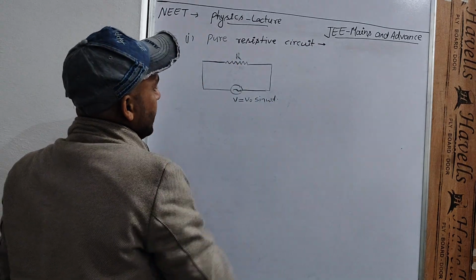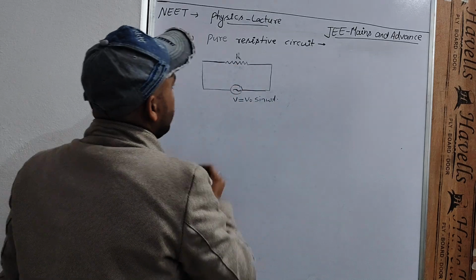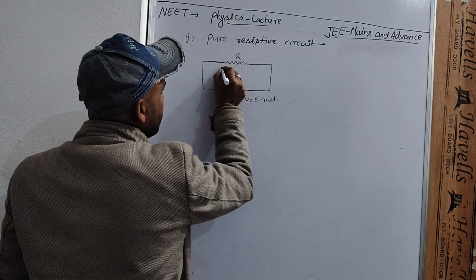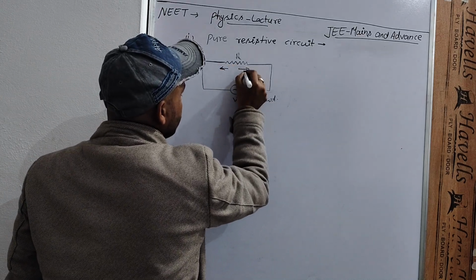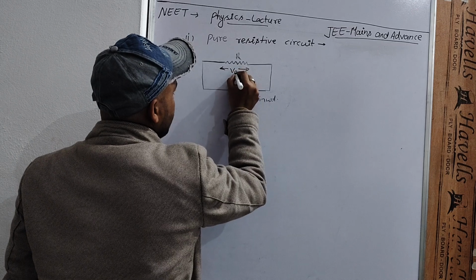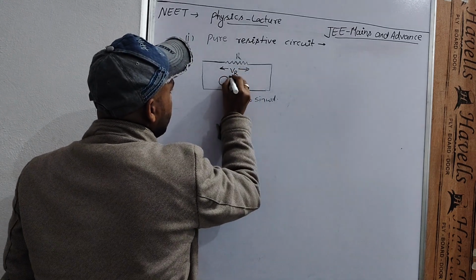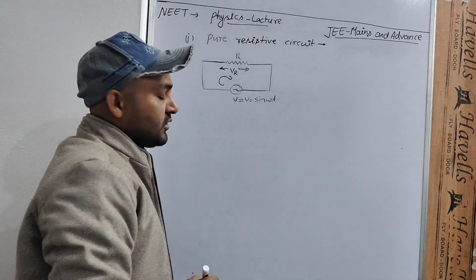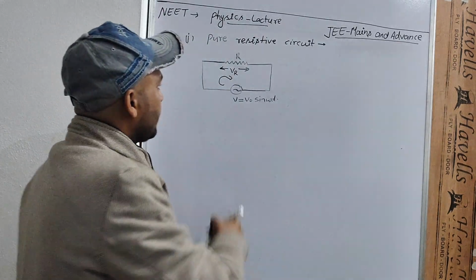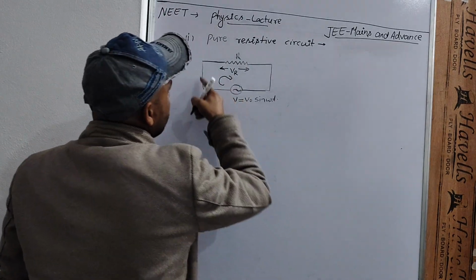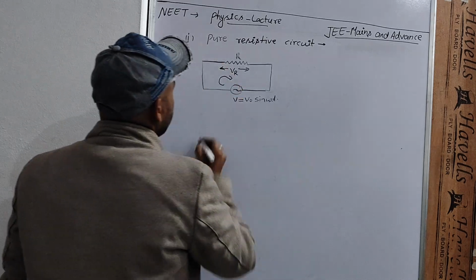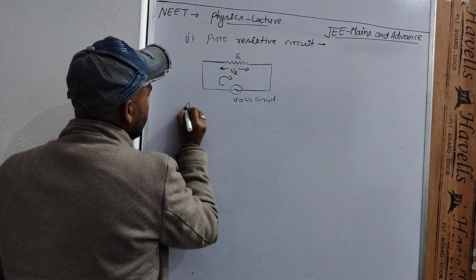Because this is resistance, some potential will drop across here. Suppose this potential drop is VR. Now we apply Kirchhoff's voltage law in clockwise direction.